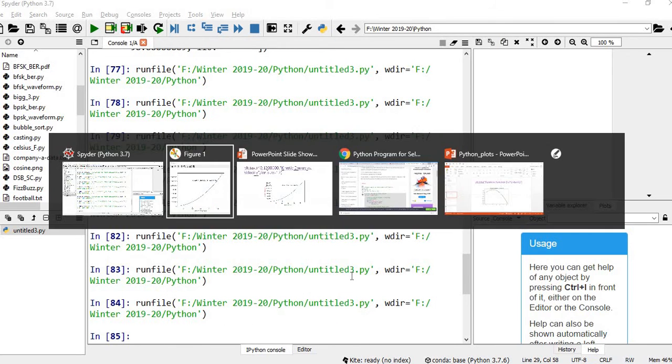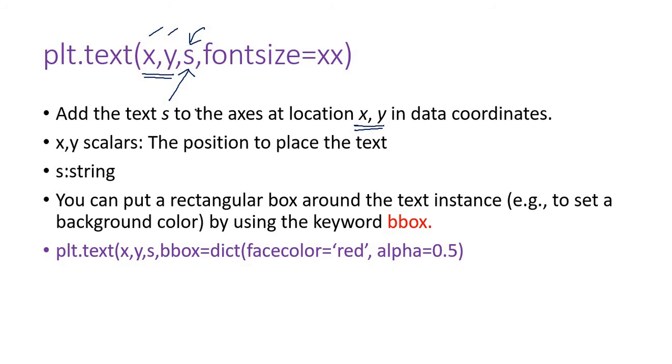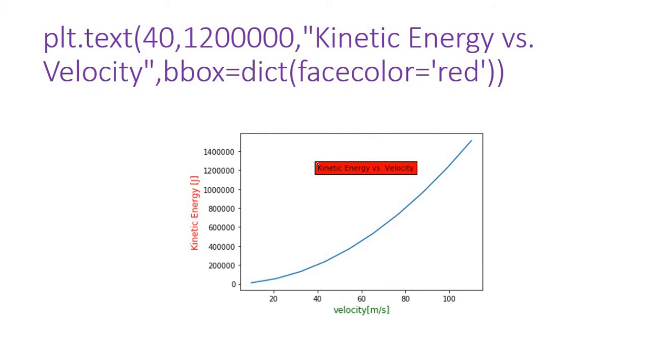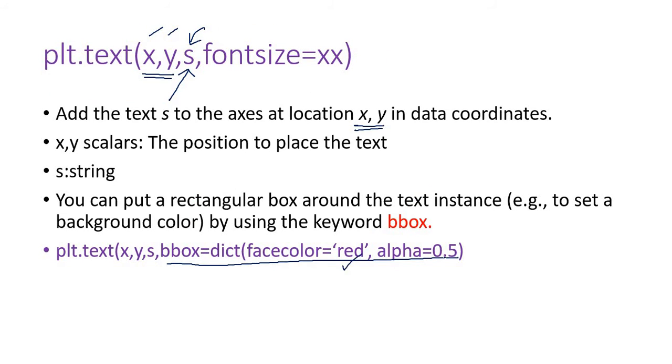There is an additional feature for this text. If I add this bbox, what happens? You can see that the text or string appears within a box with the given color. Here I have given red color, and some contrast adjustment.